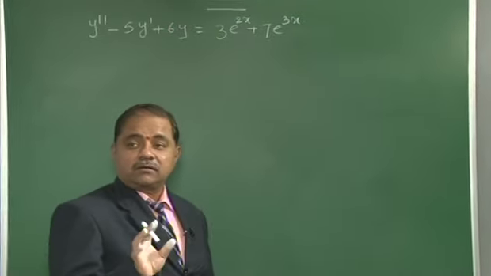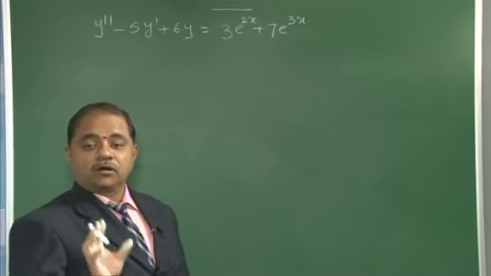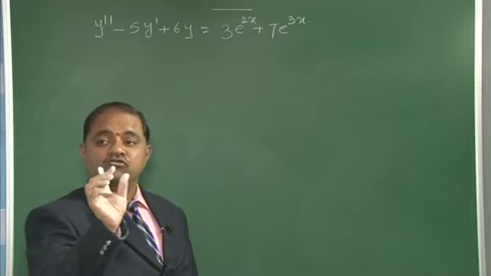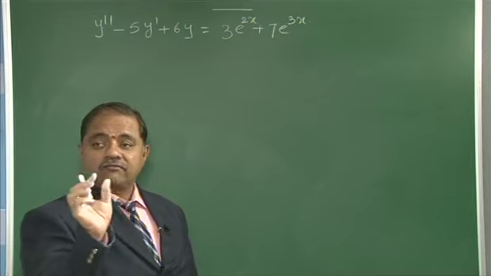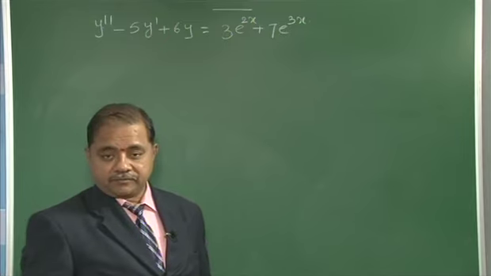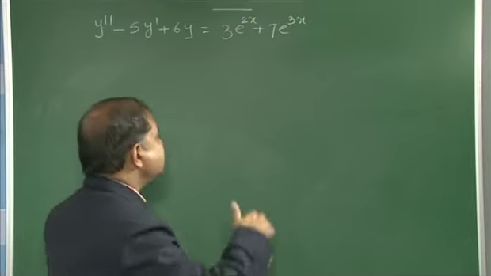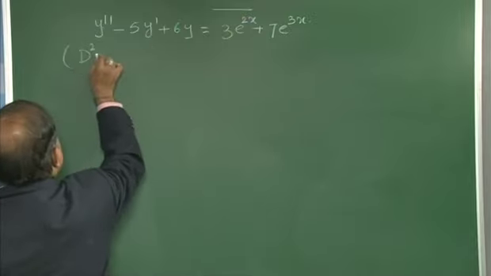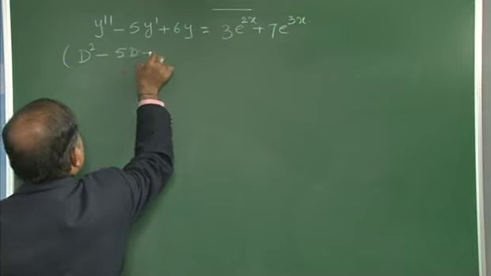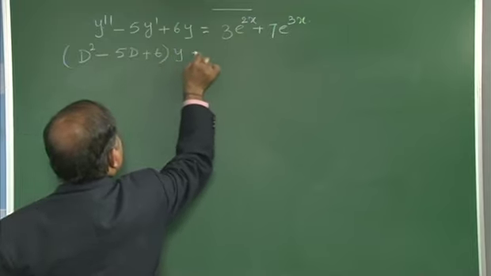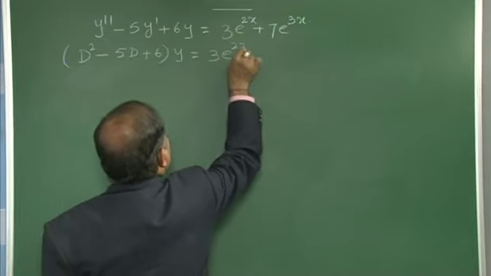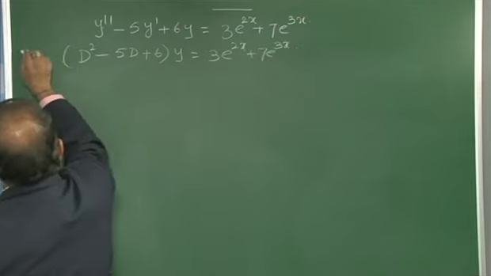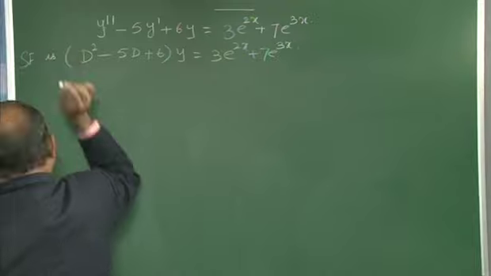It is not type 4 product, it is type 1. In type 1 there may be two functions. No change in the left hand side: d square minus 5d plus 6, 3 e power 2x, 7 e power 3x. The standard form is already known.